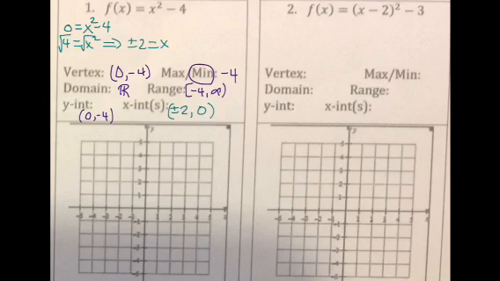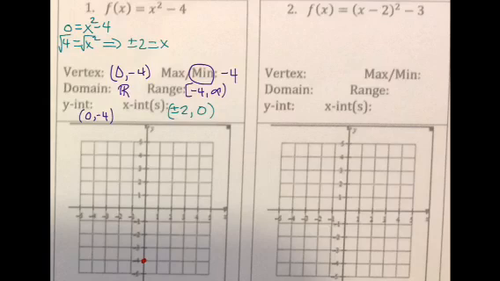So now we're going to graph this. Okay, so let's see. Use that color. And the vertex is 0, negative 4.